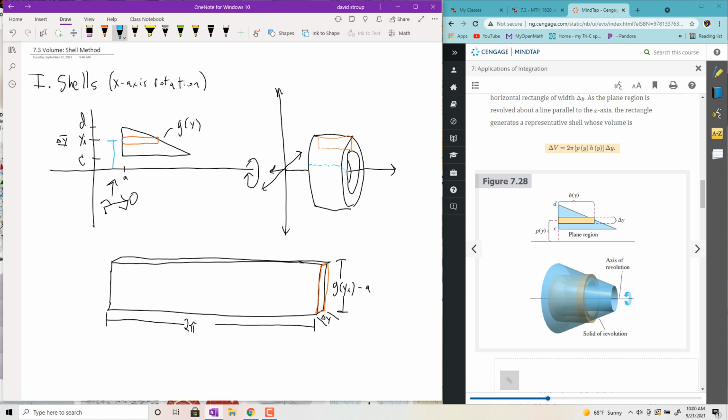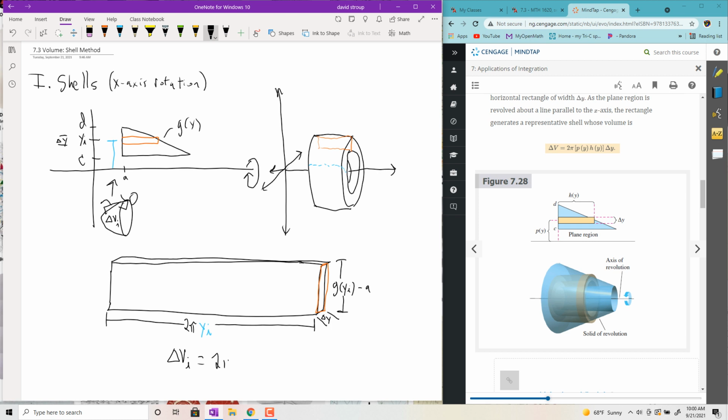In general, we'll say it's a function, rho of y or p of y. Rho looks like a p. But in this case, it just turns out to be y sub i. Okay, so the volume increment this time, the delta V that our Riemann man is going to be collecting in his little packet, is just length times width times height.